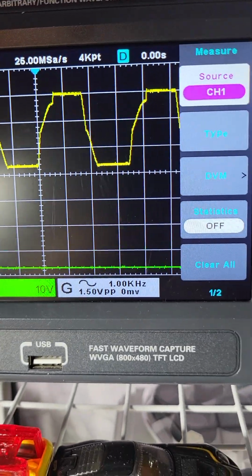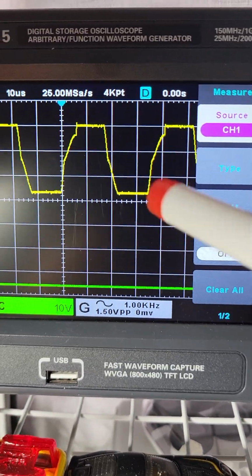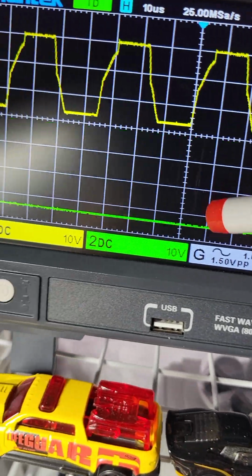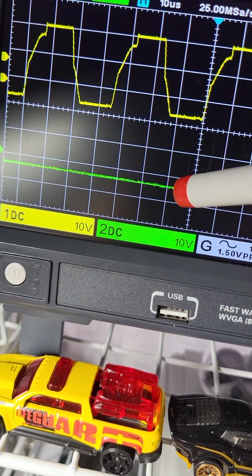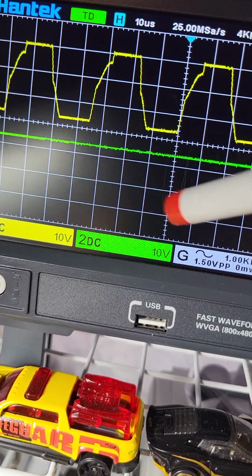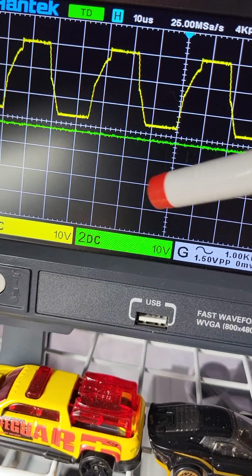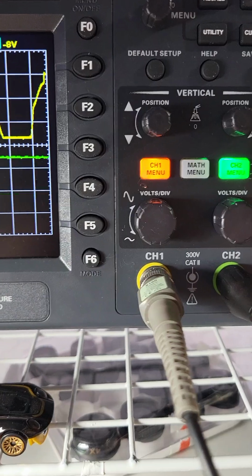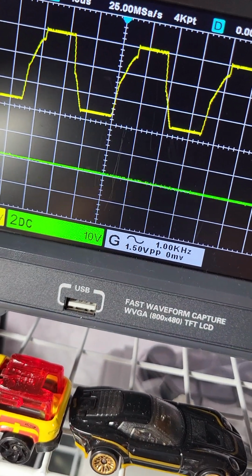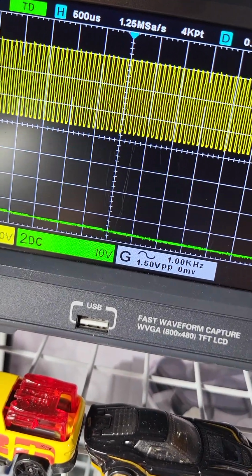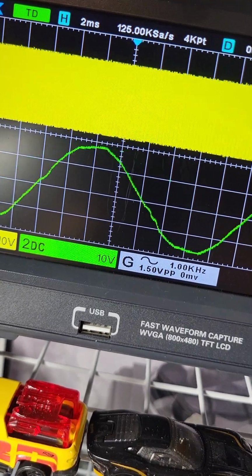Now you see, we zoom in on the yellow signal, which is the high frequency, but look at what happened to the lower frequency, the 60 hertz. You cannot see the correct wave anymore because of this display. So we will zoom out the display again.